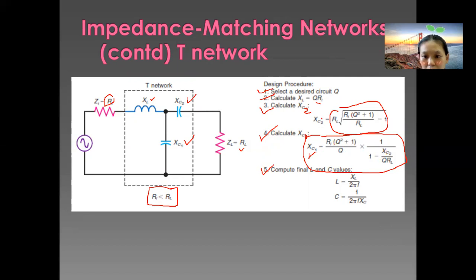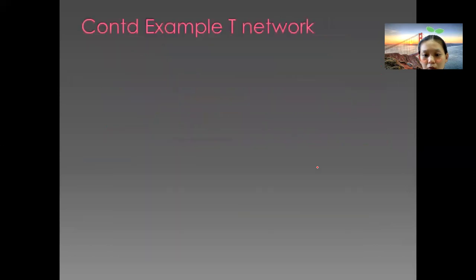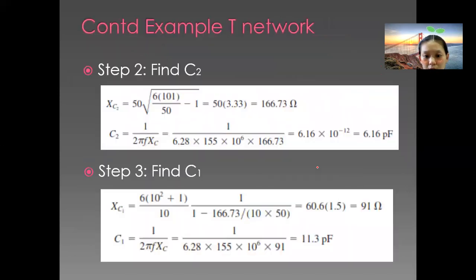Q 10 times RL 50 gives 500. You just fill in the values, so you'll get 60.6 times 1.5, which equals 91 ohm.